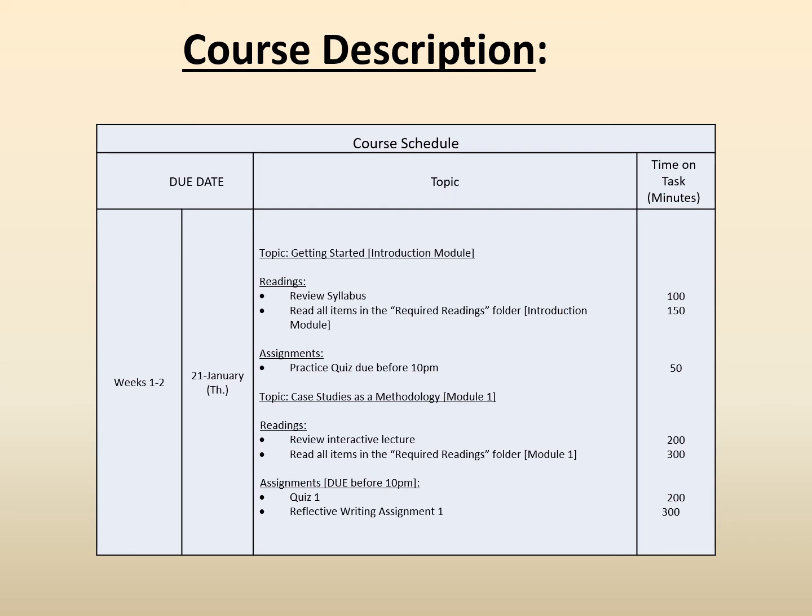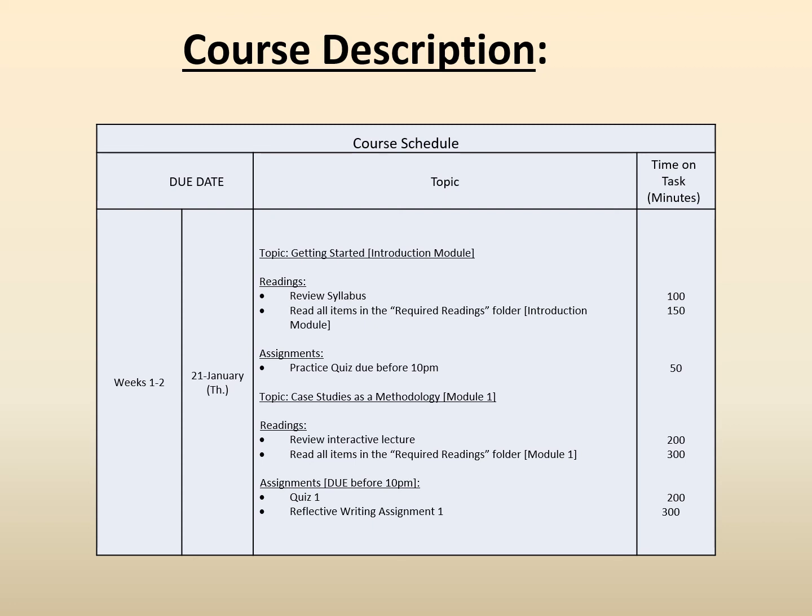You can see in the column titled topic, you'll simply move down from the readings, the assignments, the topics, to the quizzes or the reflective writing assignments, and so on. The time on task in the right column just gives an estimate of where more effort should be placed or how long things might take.